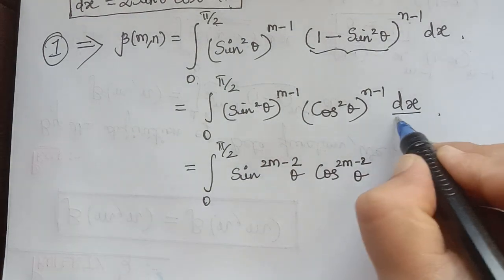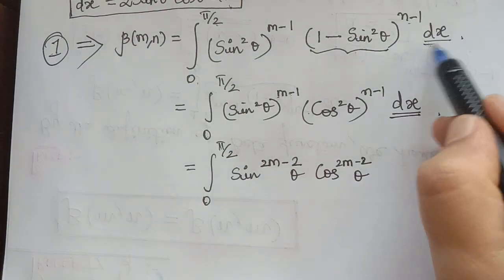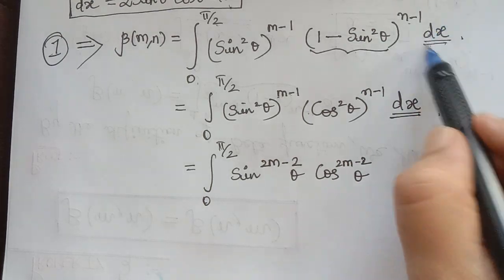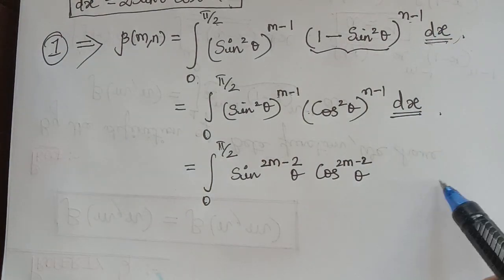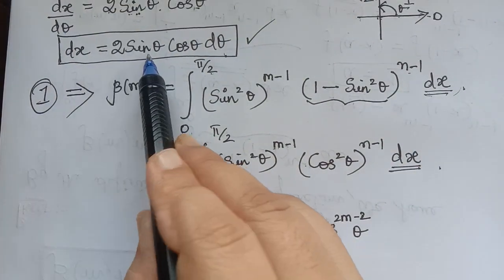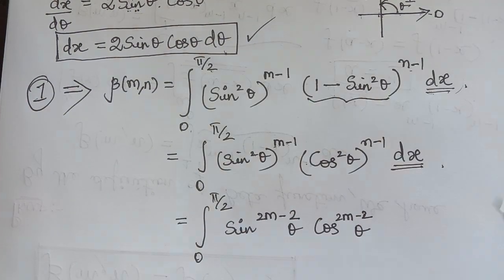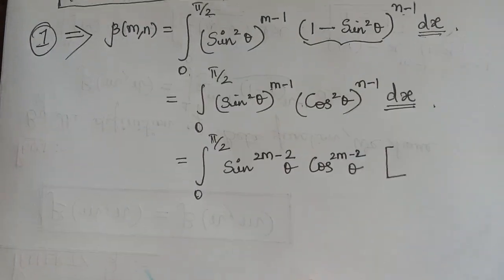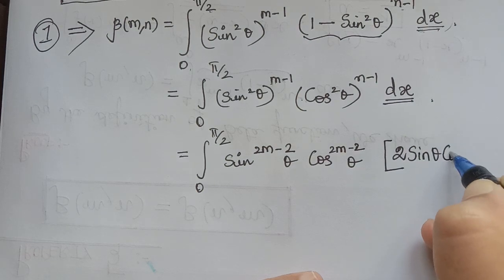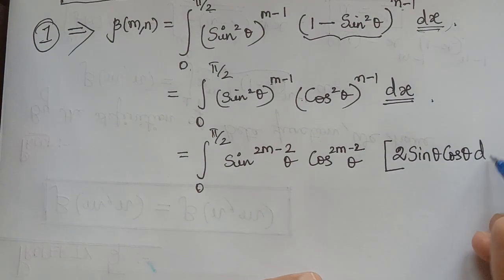And instead of dx, we have to make the replacement. So I'm just doing it over here. What is dx? dx is 2 sine theta cos theta d theta. So let me substitute that, into 2 sine theta cos theta d theta.